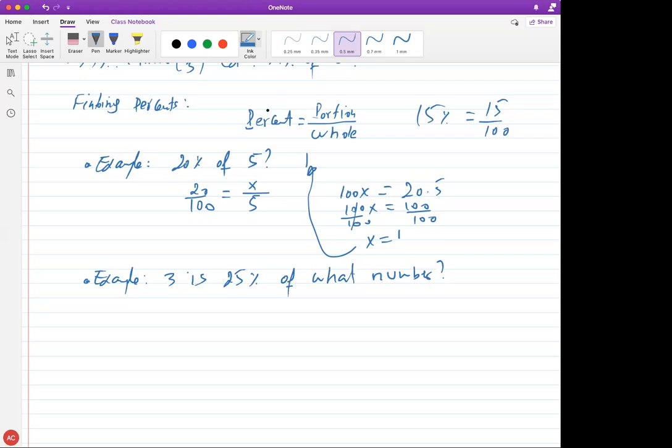Obviously, we do have the percent, so that's not missing. But we need to figure out where the x goes. So 3 is 25% of what number? This number here, is it the whole or is it the portion that we're looking for?